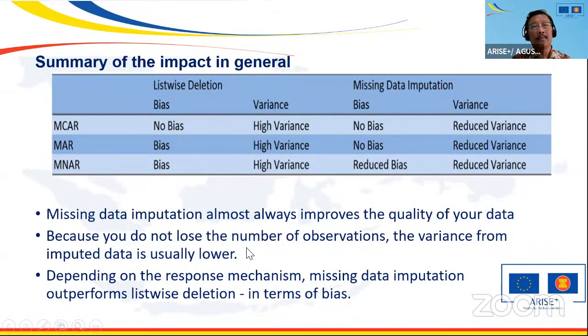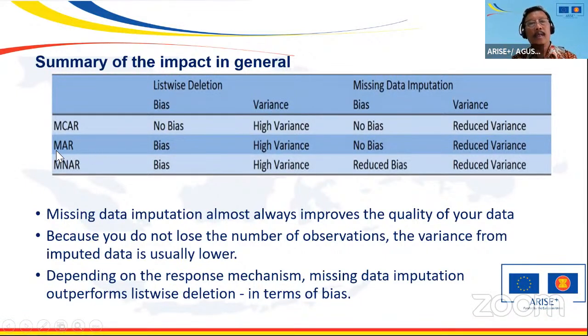Summarizing the impact: with missing completely at random, there will be no bias, even if we delete the missing data. But the variance becomes high because we have a smaller number of observations.